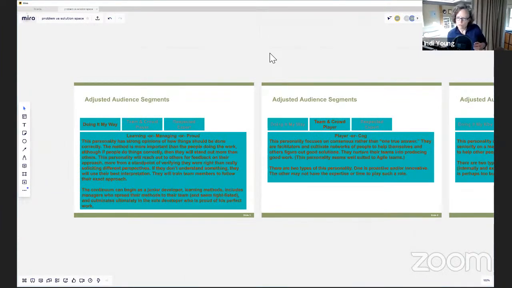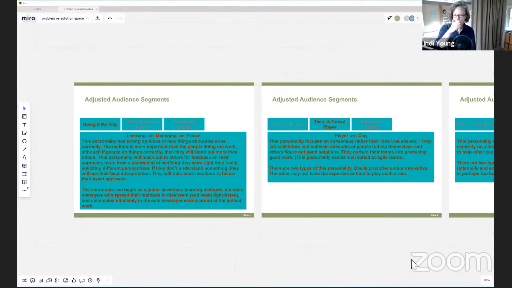The one that you're zoomed into is what we call the team and crowd player. This is somebody who focuses on consensus and talks to a lot of people and tries to collect a lot of different approaches to solving what is going wrong with the way they're trying to use the SDK, and maybe interact with the vendor of that SDK so they can make updates to it.